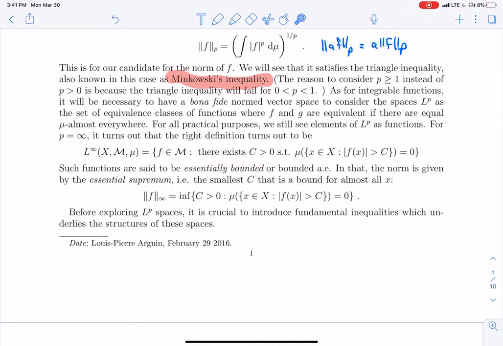That means I look at the essential supremum, the minimal c such that the measure of the points where |f| is bigger than c is 0. So we do accept that there might be a set of measure 0 where the value might be quite large, but on a set of full measure, the function is bounded. Those functions are essentially bounded, and this is L infinity.